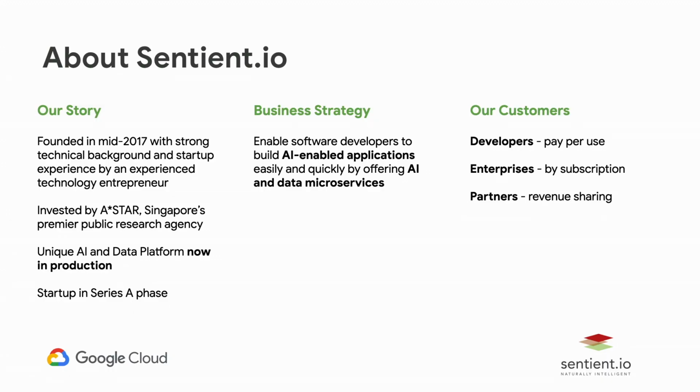Hey, good afternoon, everybody. My name is Chris, and I'm the founder of Sentient. And what we do is we want to help developers build great applications. One of our missions is actually to reach 1 billion people with AI. And we feel that AI should benefit everybody on this planet.